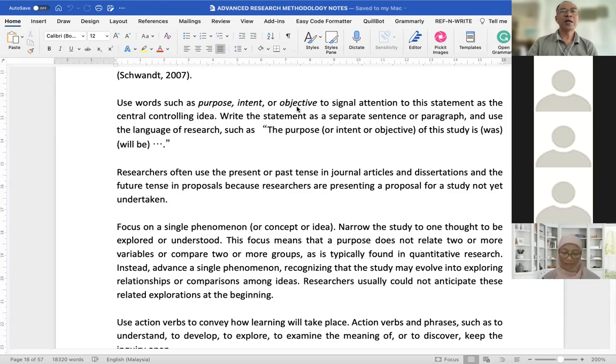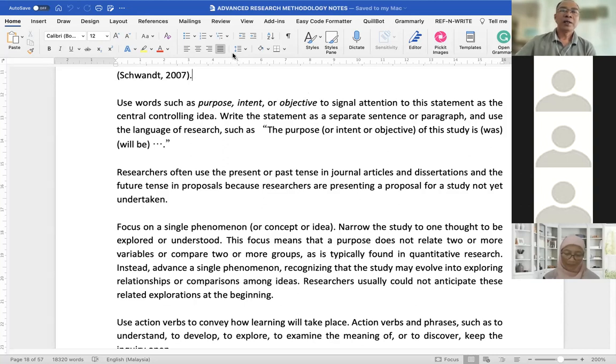And then we try to examine whether the data support or reject the theory. So theory first, and then collect data. And then from the data, we try to come to a conclusion whether the data support or do not support the theory.